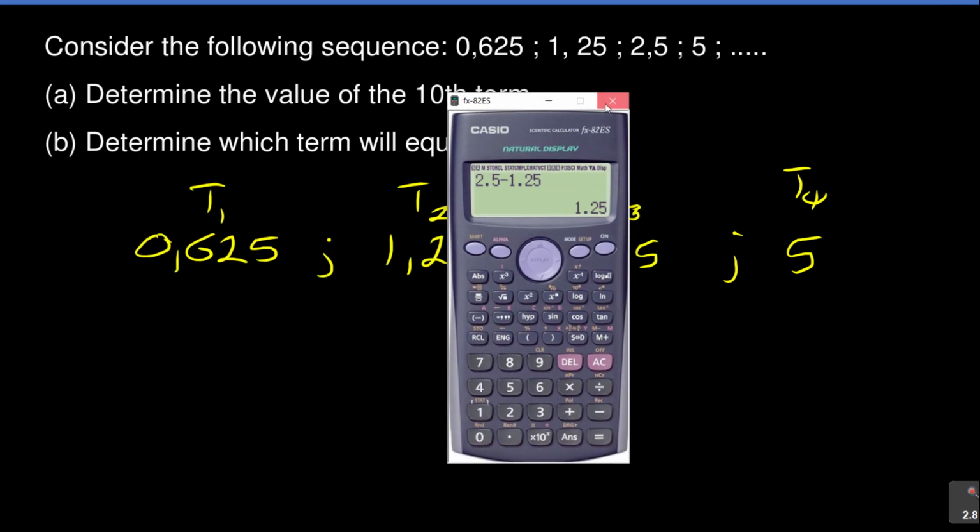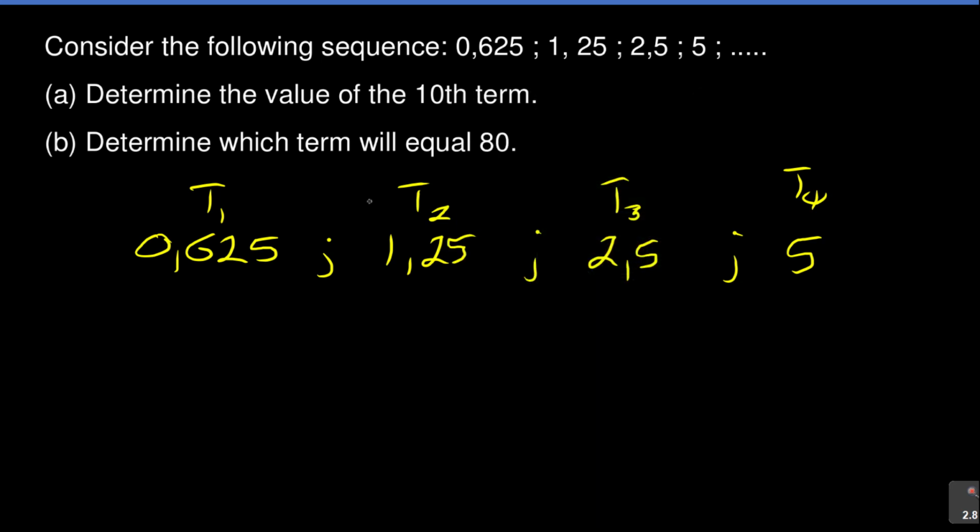That's when now you can relax and say, okay, it might be more of a geometric, because you first ruled out the arithmetic. It must be one of those. So now, since it says determine the value of the 10th term, we need to find the general term. Now let's find R first. What is R? It's T2 over T1, which is equal to T3 over T2.